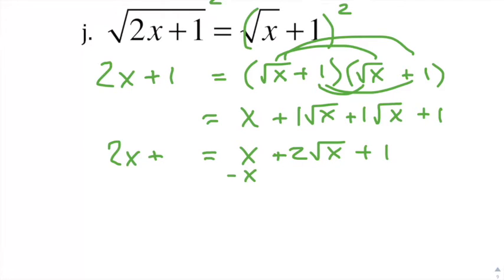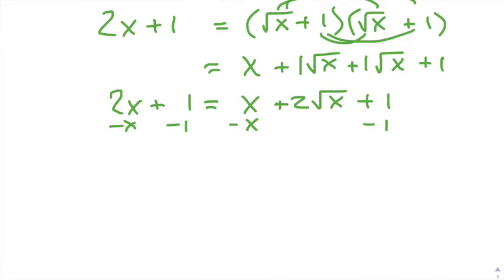So I'm going to subtract over x, and then I'm going to subtract 1. So those will cancel out, and then you'll be just left with x equals 2 square root of x. And then we'll divide both sides by 2.